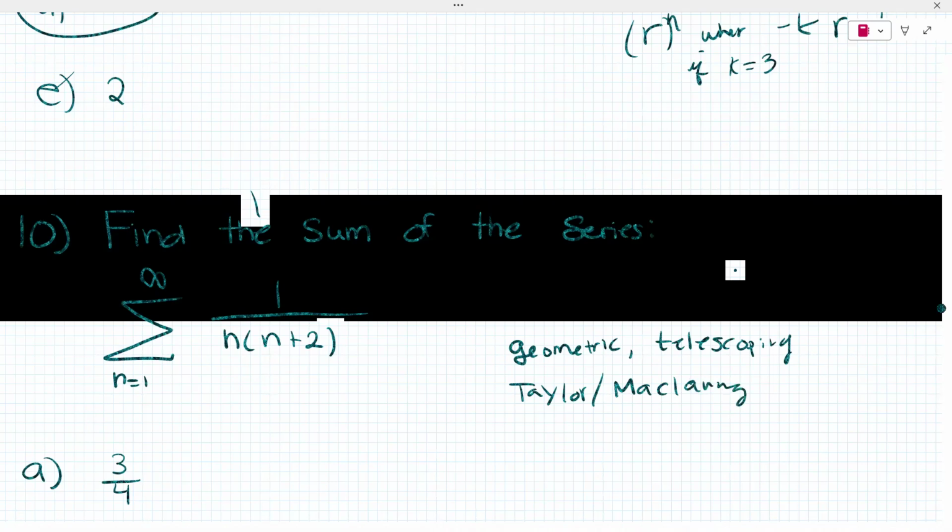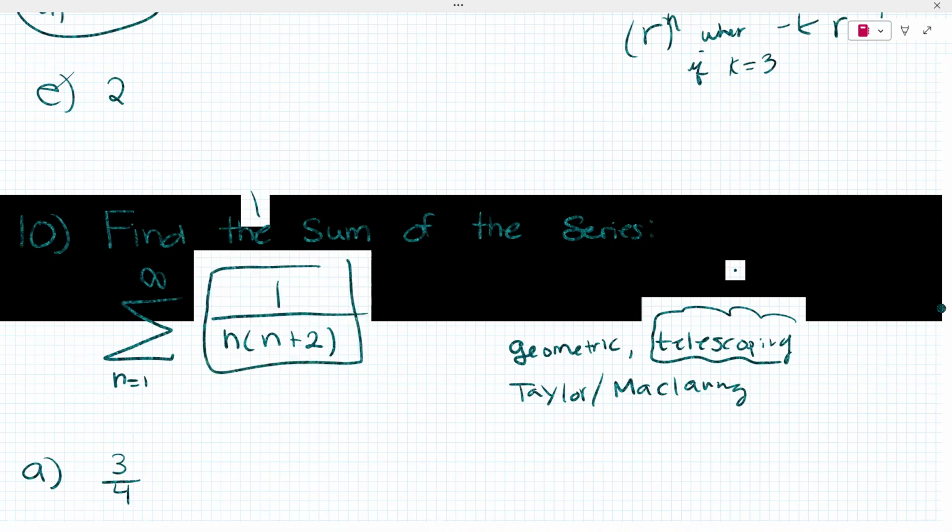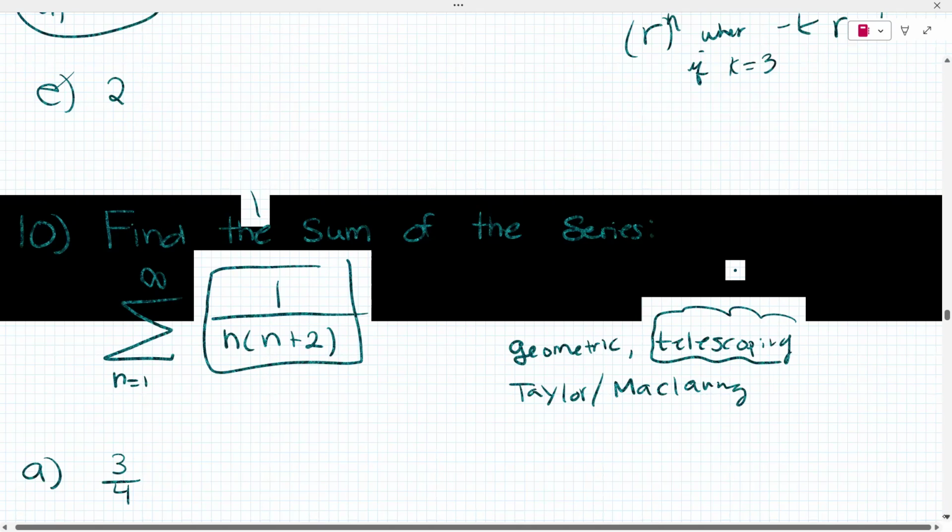Let's try telescoping. The reason is that this is a fraction that can be broken down into smaller fractions, so it looks like we have to do some kind of partial fraction decomposition. If we're dealing with partial fractions, that's how you know to do telescoping.